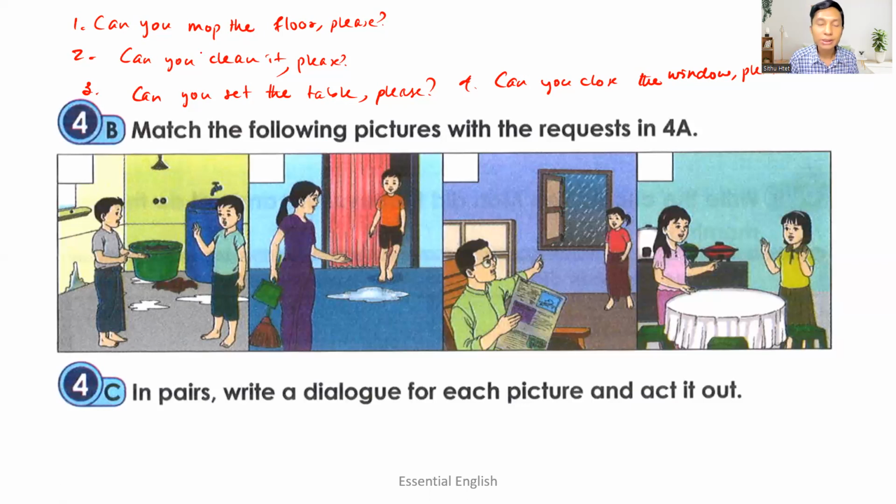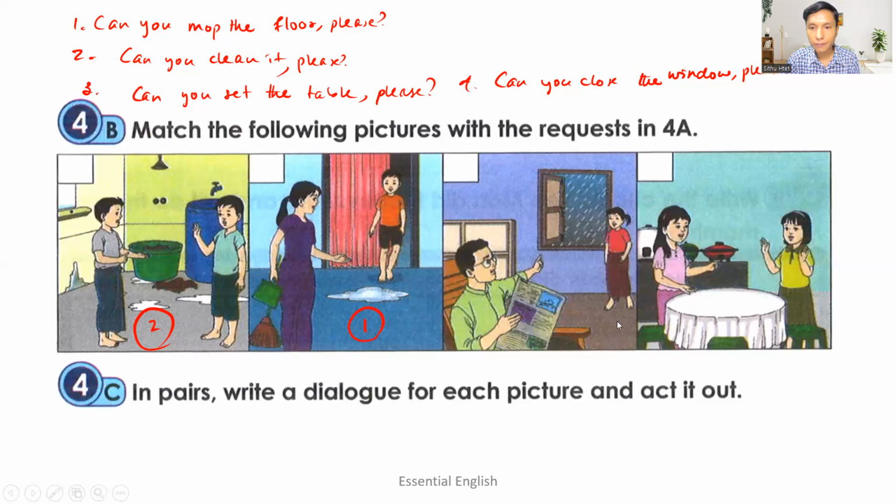He wants the younger one to clean the bathroom. This is request 2. And the next one, the floor is wet because there is some water on the floor. So you have to mop the floor. So the request should be, can you mop the floor, please? Request 1.